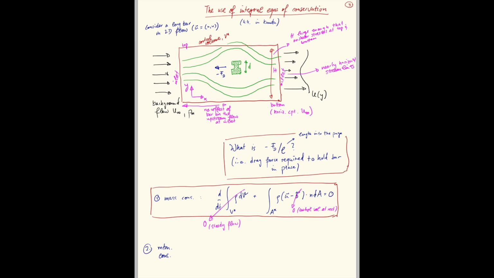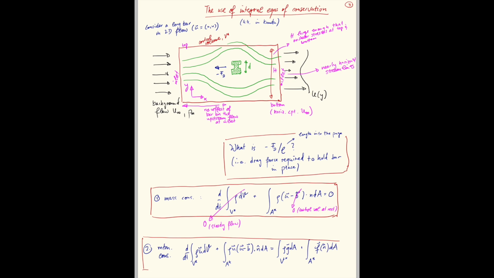And here again we have the transient term plus the surface term, the integral over A* of rho (u minus b) dot n dA, and that has to equal the volume force term, rho g dV, plus the surface force term. And this is our momentum conservation over the control volume.